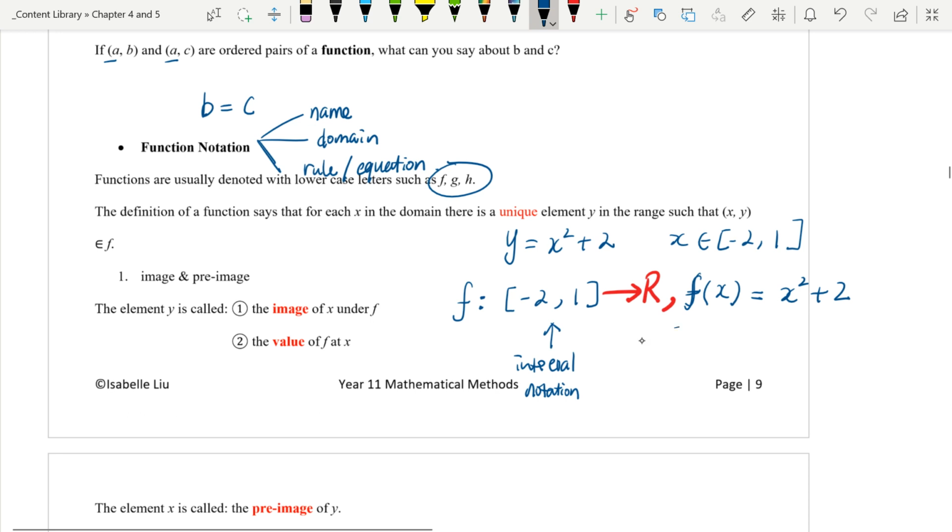The name of the function and the variable, what is changing, these two things together are equivalent to y. That's just y equals x squared plus 2, nothing different. So you have y of x equals x squared plus 2. Overall, all of these are function notation.